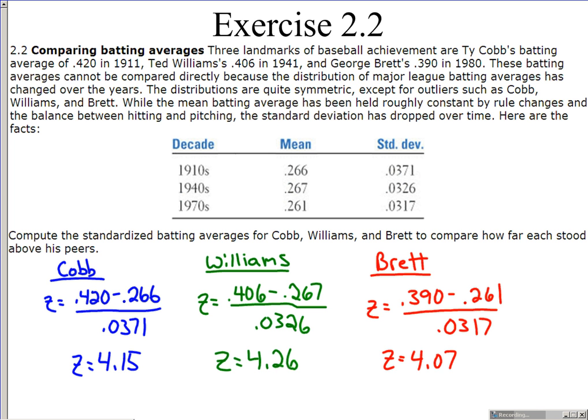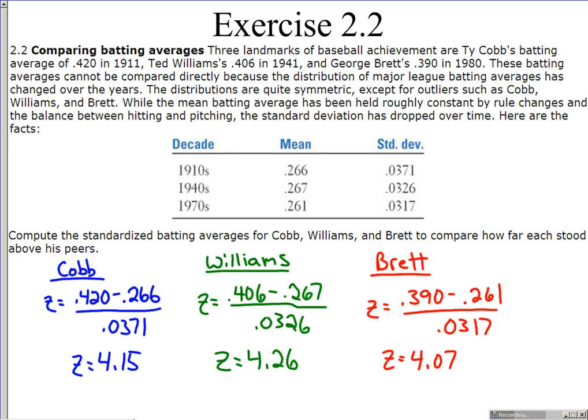Again, the z-score is measuring how many standard deviations above or below the mean a certain value is. The farther it is away from the mean, the more unusual the value is. So in this case, Ted Williams, 4.26 standard deviations above the mean, was farther away from the mean in his decade than were either Ty Cobb or George Brett.